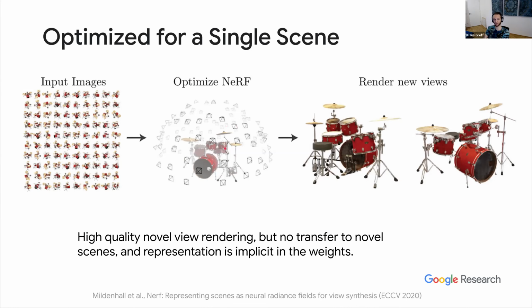So afterwards, you have a neural network that, in its weights, has internalized the entire structure of the scene, which allows for some impressive and fantastic novel view renderings that are quite high quality and surprisingly nice. But there's no transfer to novel scenes. If we have a novel scene, we have to again optimize a neural network, and it's not obvious how to use that representation because it's all implicit in the weights of that neural network.